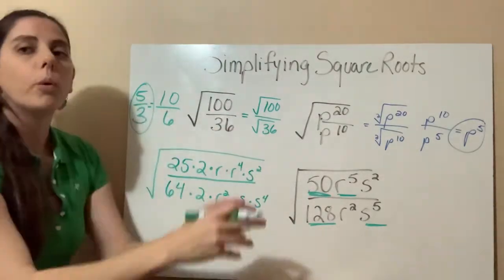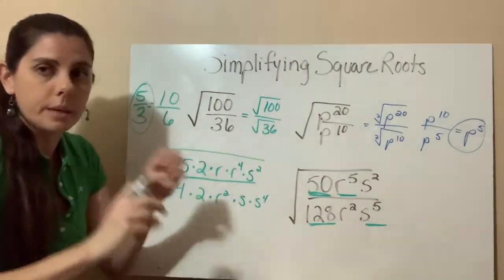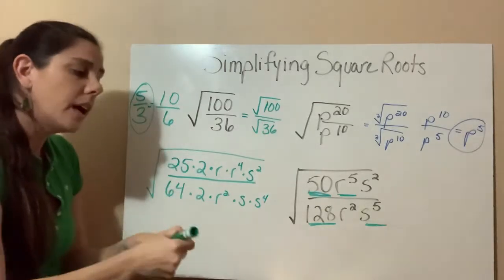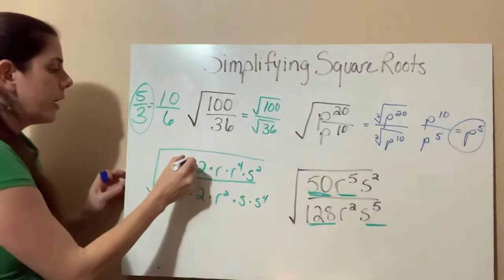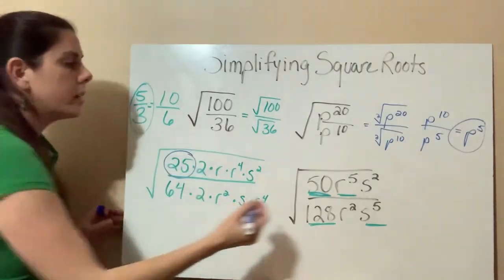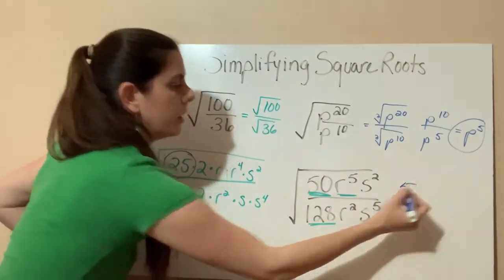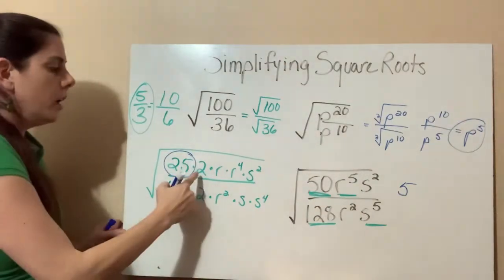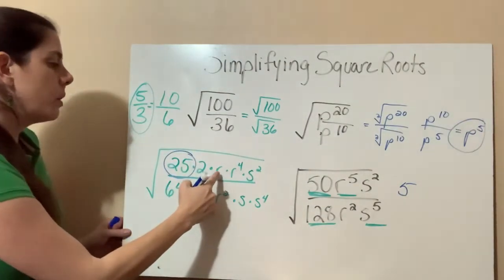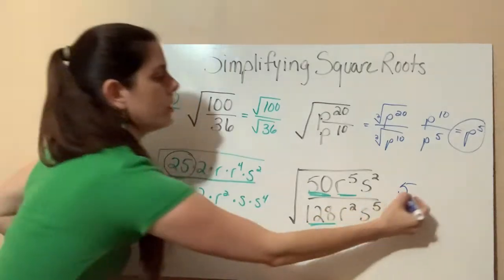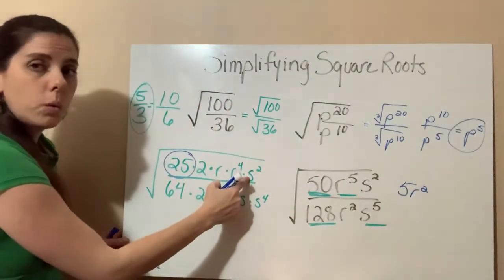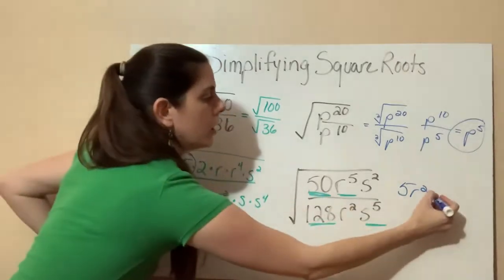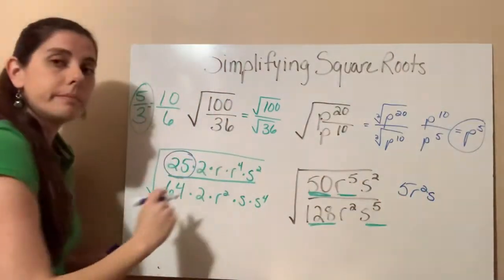Now we're at a point where we can start pulling things out and simplifying. Again, not everything is going to be able to simplify. When we look at our 25, we can take the perfect square root of that, which is 5. And the perfect square root of r to the 4th is r squared. And the perfect square root of s squared is just s.